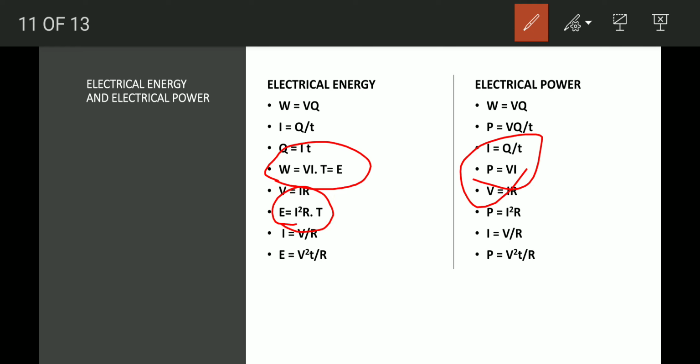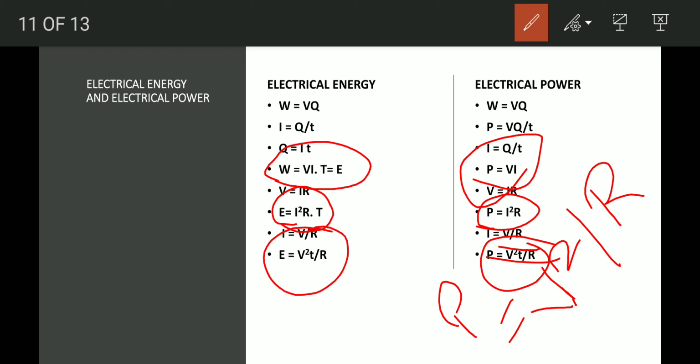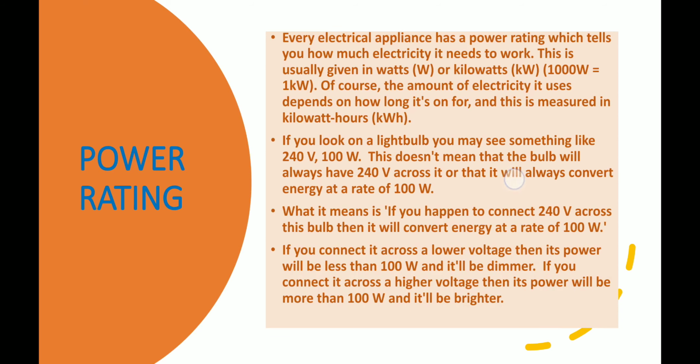The second formula for electrical energy is I square RT, and the corresponding expression for electrical power is I square R. And the last one is V square T upon R, and here it should be V square upon R. I am sorry children, V square upon R is equal to power. So these are the expressions for electrical energy and electrical power.